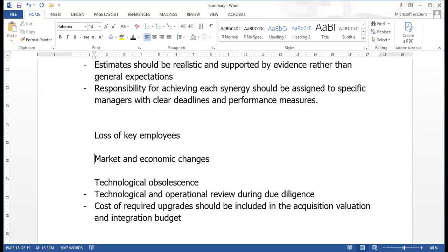So how can you safeguard? Identify employees who are important to the continued success of the business, and communicate with them before completing the acquisition. You identify those key workers very fast. Have retention bonuses as another measure: if you remain with us, you're going to get this money.